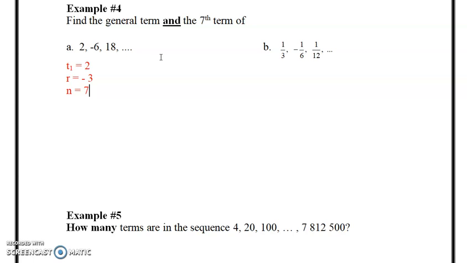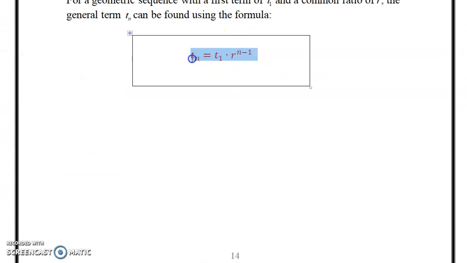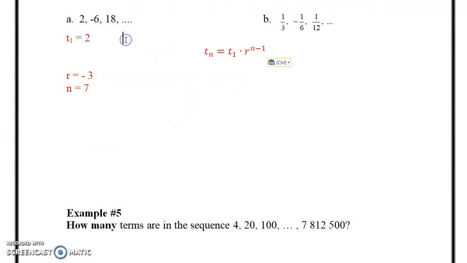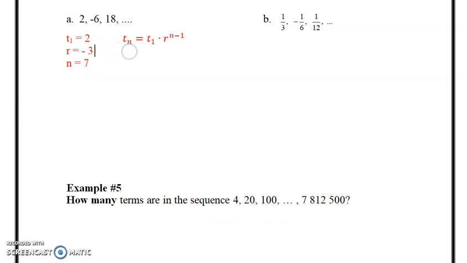So to find the general term is basically the formula. We're going to fill it in. So we go up, get our formula. You would obtain this from your formula sheet. You write in your formula. Very simple. And then you start filling in the information. So Tn is equal to the first term, which is 2, times the ratio, which is -3. So we're going to use our brackets here, -3, sorry, -3.